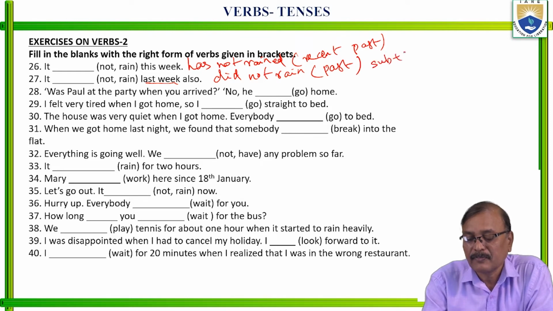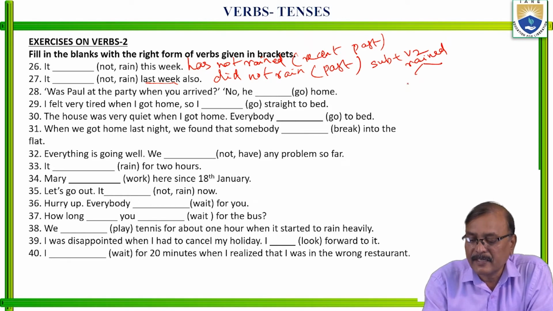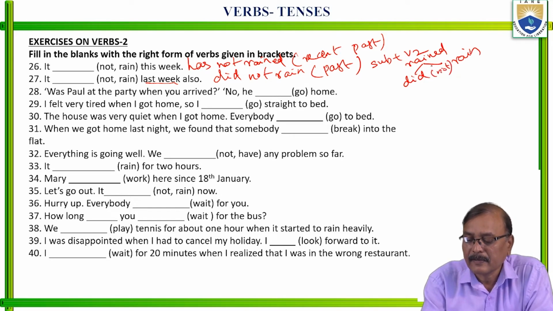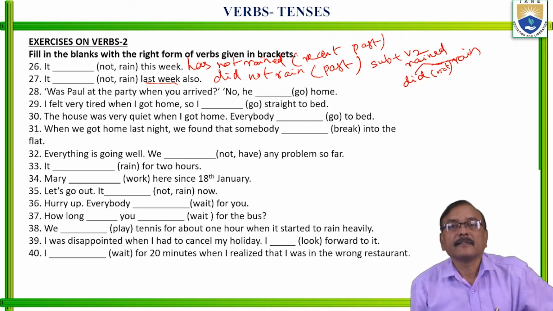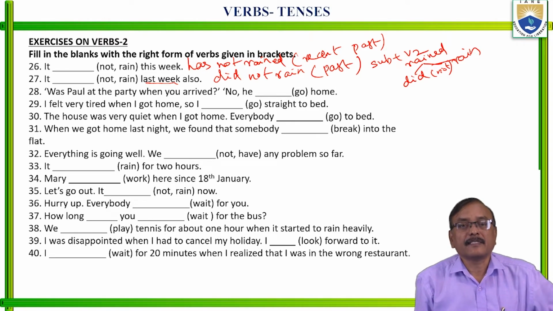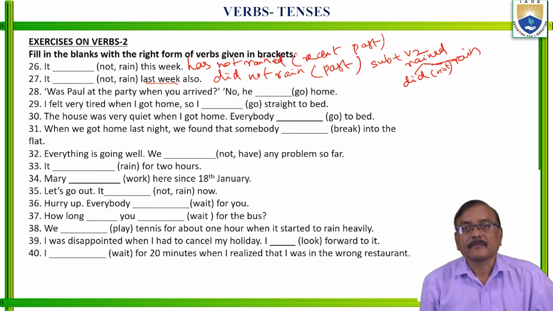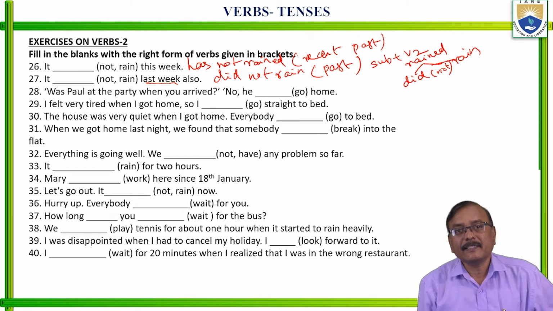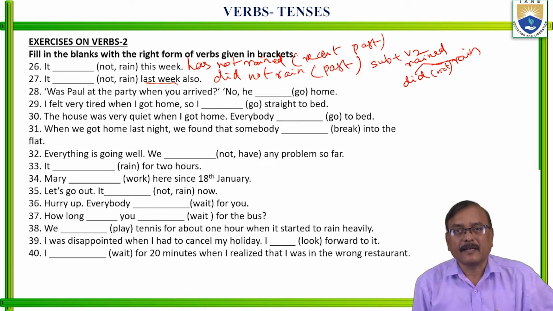So what is the V2 here? Rained. When it is divided here, did plus rain. After the helping verb, we are using not. Did not rain. Is it clear? It has not rained this week. It did not rain last week also.